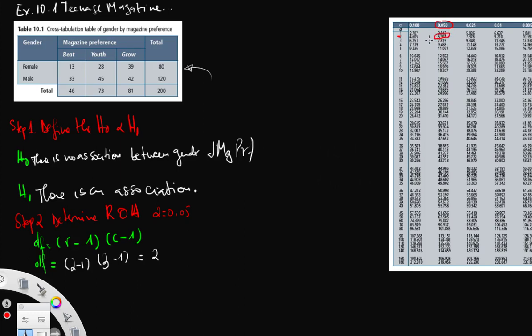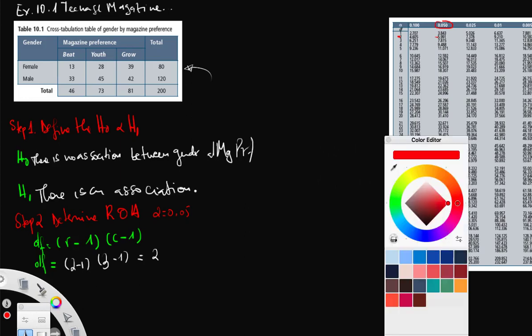Hopefully you can read that. Let me just point it out like this. Okay, so what we have here is our chi-square test. So I'm gonna write with this color. Maybe let me just keep it right on top here. That was perfect. So our chi-square value here is, as you can see, 5.991.